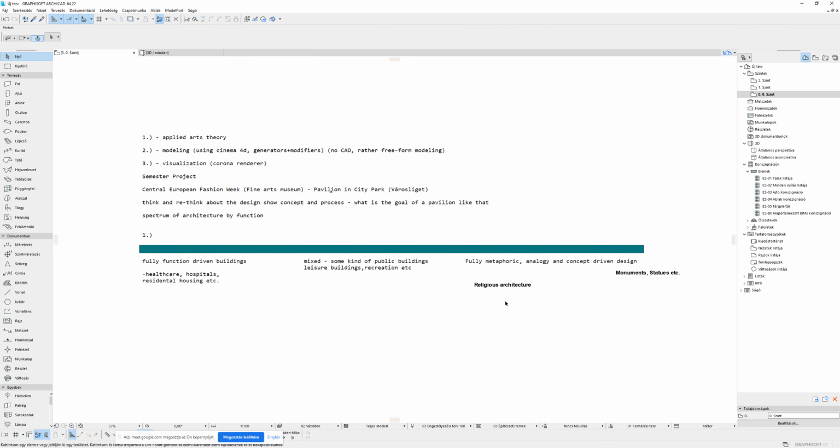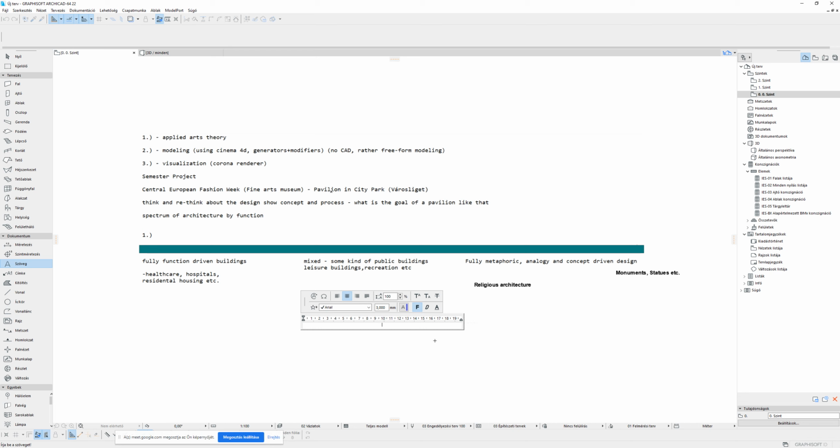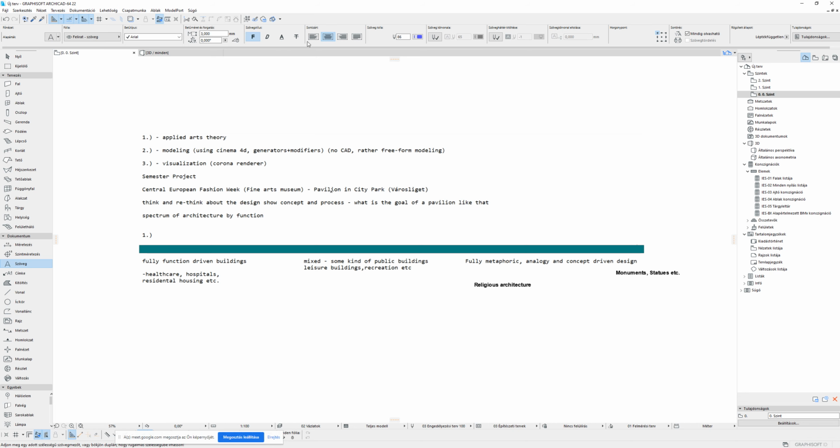Or semester project, where is our semester project in this spectrum? Left or right? So where do I put this? I suppose rather like near to the religious architecture. Yes, yeah, good answer, yeah, of course.